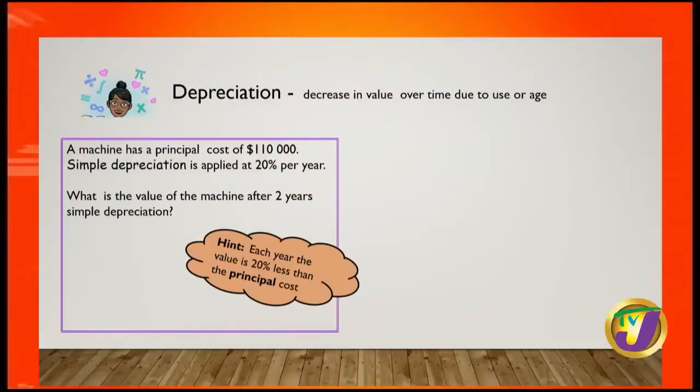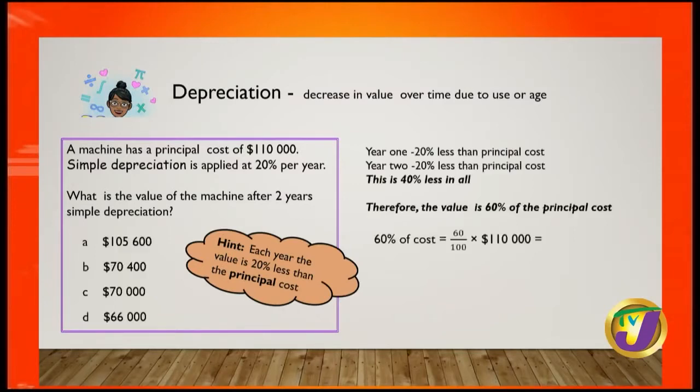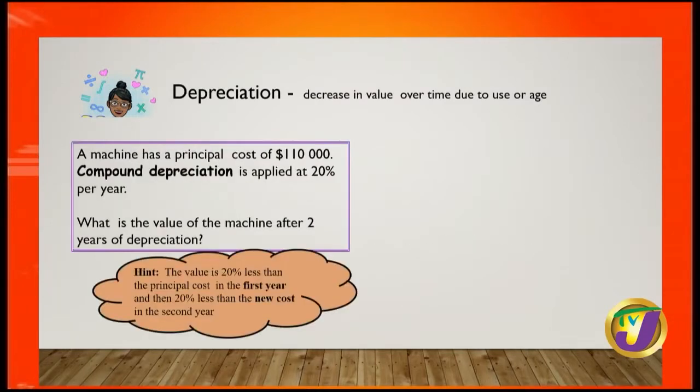All right, so each year the value is 20% less. Oh, this was supposed to be simple depreciation. I just did compound depreciation. So let me jump over this and go to the next one. This one. That's what I just did, sorry. Compound depreciation. Okay? So the value is 20% less the principal cost in the first year, and then 20% less the new cost in the second year.